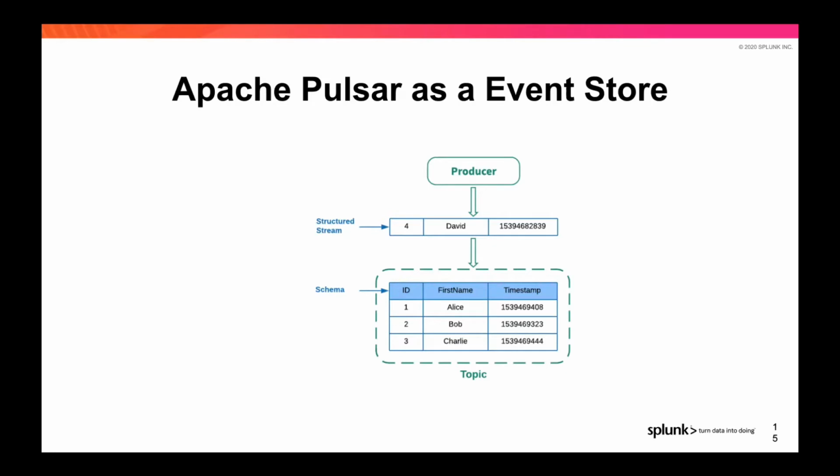This diagram provides a glimpse of what I'm going to talk about a little later. Producers can produce structured messages, or a structured stream in which there's a schema, to a certain topic or channel, and that schema is assigned and mapped to a certain topic or channel. Because now the data within a topic is structured, it allows us to query the data using a SQL-like language to examine what is inside.